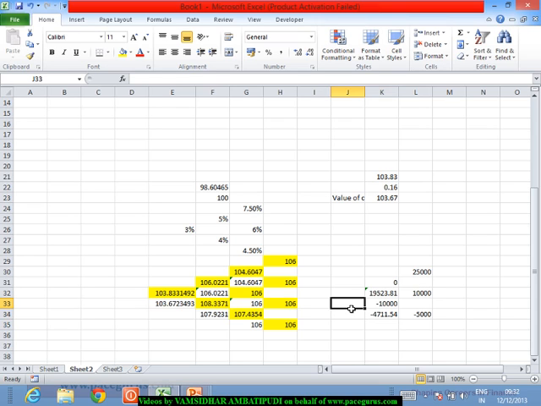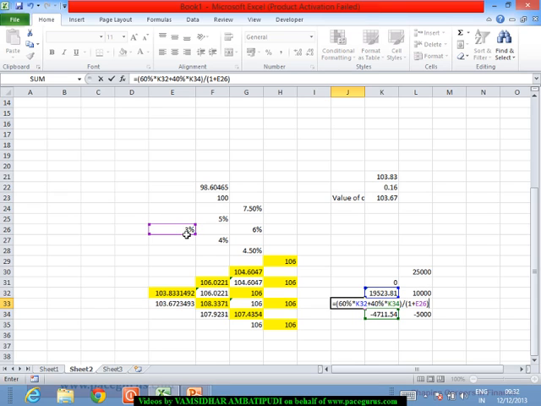The same logic if I apply here: there is a 60% chance of getting this value plus a 40% chance of getting this value, and this entire thing I am dividing by 1 plus 3%.